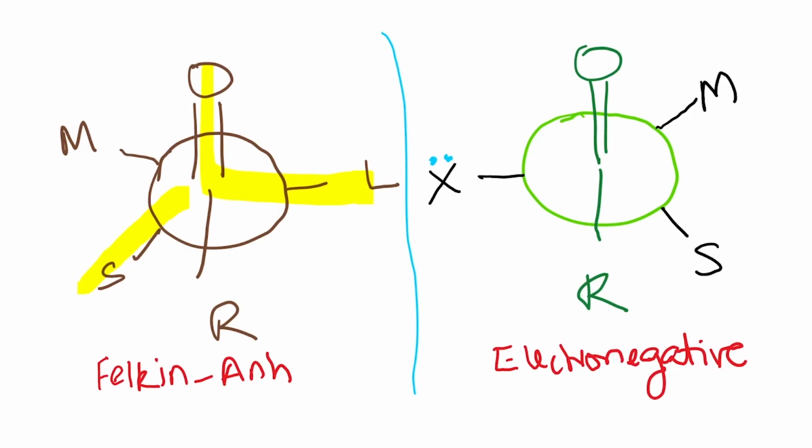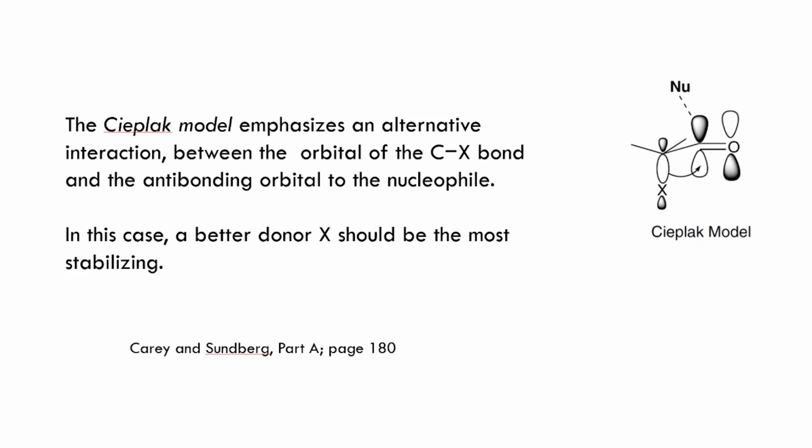But when there is an electronegative atom adjacent to the carbonyl, then the electronegative atom ends up at the position which is perpendicular, and the most reactive conformation is this, wherein the smallest group is now situated over here and the attack happens from here. So this effect of the electronegative atom has been given a name, and that's called the Cornforth-Felkin or polar Felkin-Anh model.